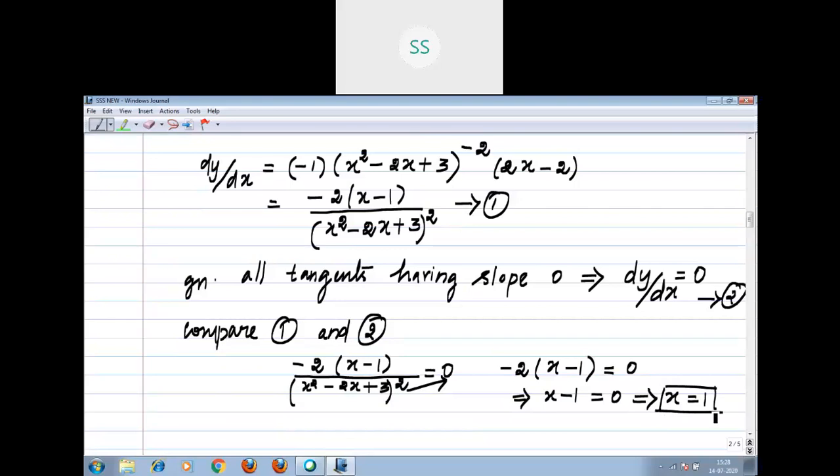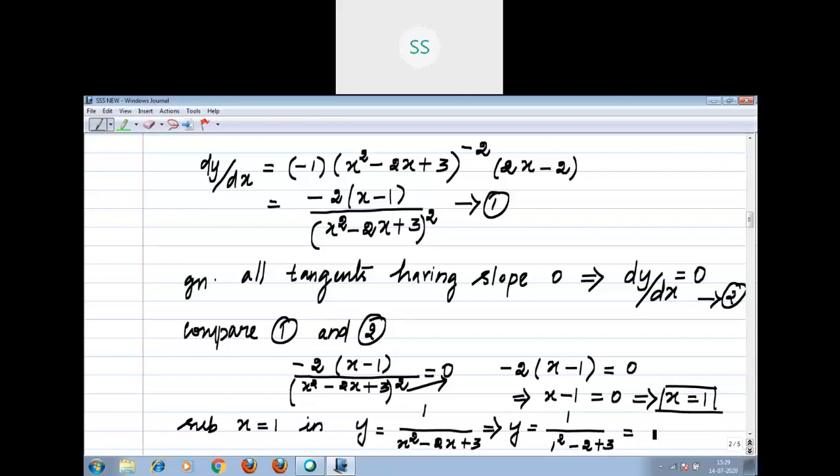Then you go and substitute in the y. Substitute x is equal to 1 in y is equal to 1 divided by x square minus 2x plus 3. Now y is equal to 1 divided by 1 square minus 2 plus 3, which is equal to 1 divided by 1 plus 3 minus 2.